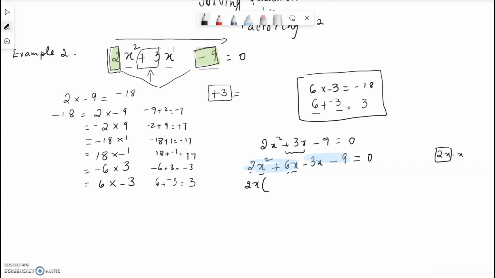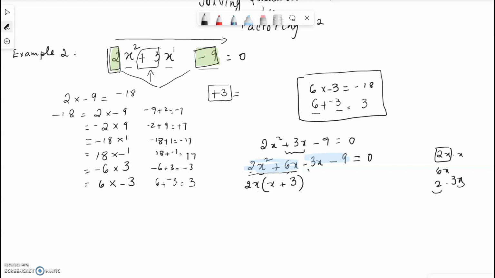When we factor out the 2x, we're left with an x. When we factor out a 2x from a 6x, which is equal to 2 times 3 times x, we're left with a 3. So the first two terms, 2x squared plus 6x, is equal to 2x times x plus 3.